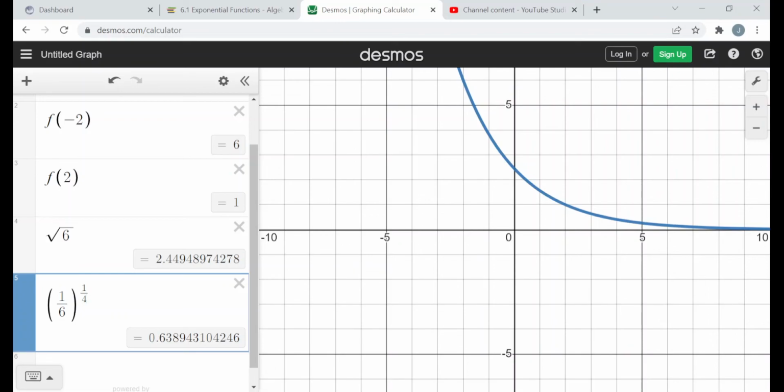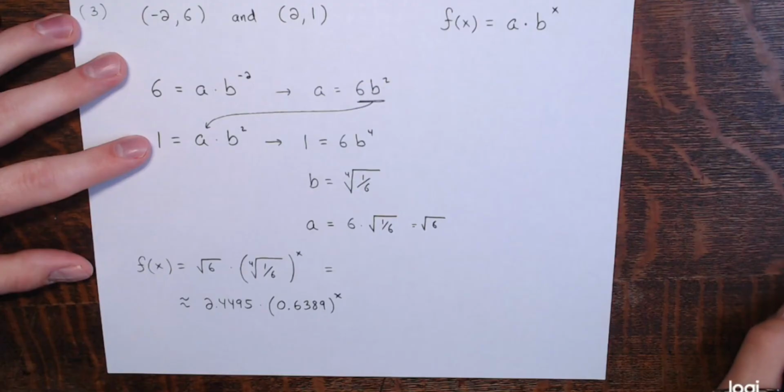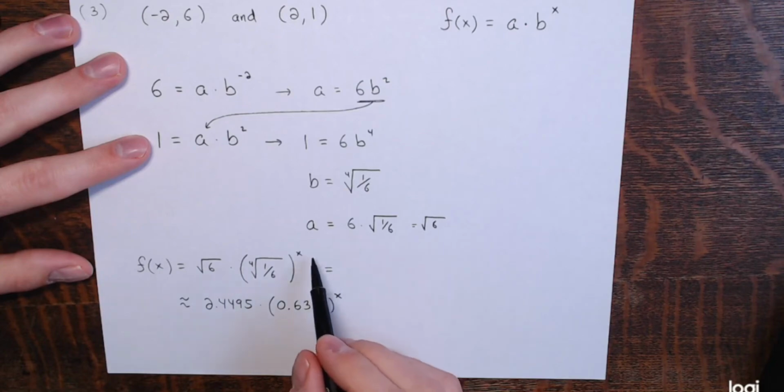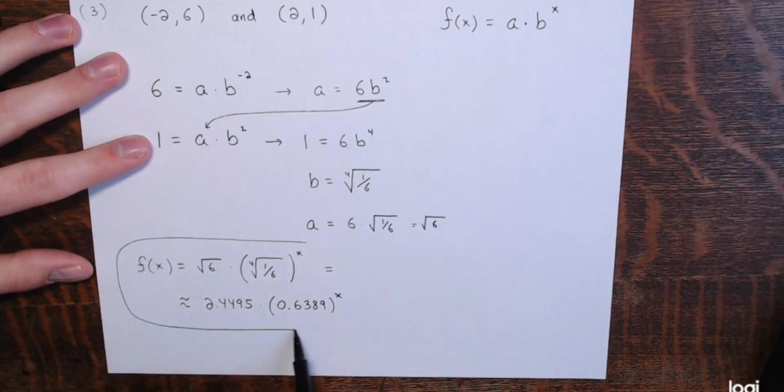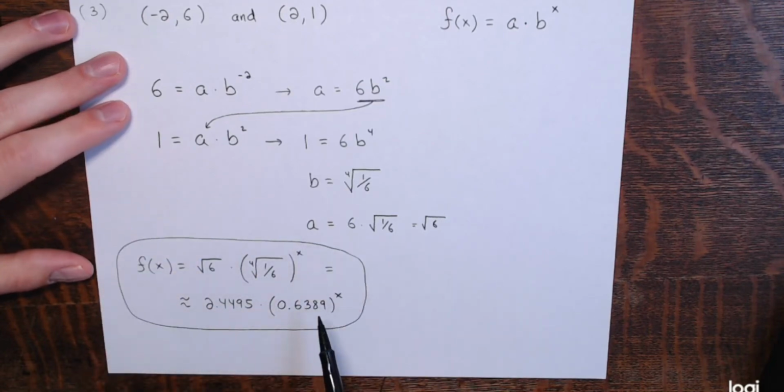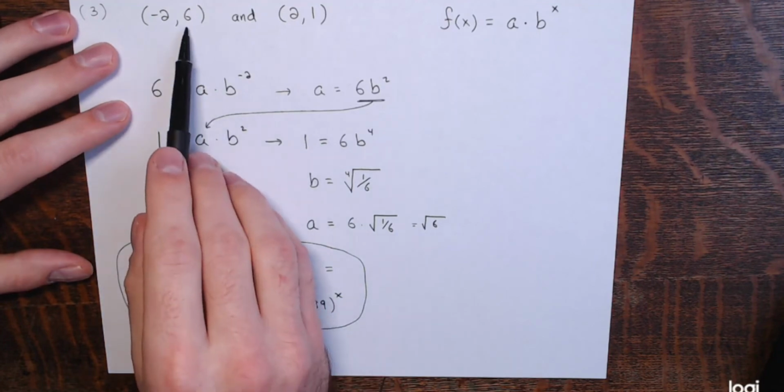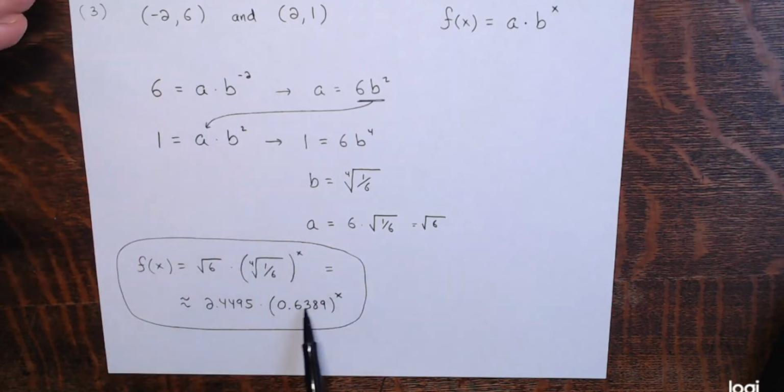So back on my paper, we can say f of x is approximately 2.4495 times 0.6389 to the x power. But either one of these is fine. And when you plug in negative 2 for x, you should get 6. Or if you plug in negative 2 here, you'll get something really, really close to 6, because these are approximations.